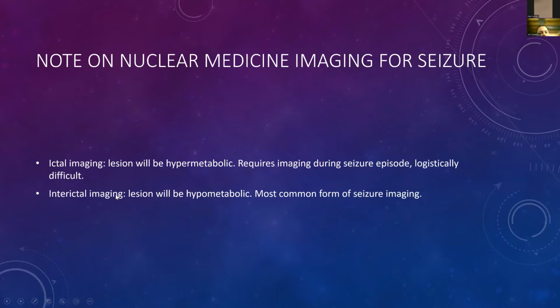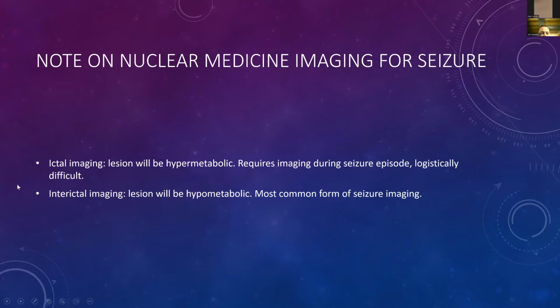That's the interictal imaging, which is much less logistically demanding compared to ictal imaging, in which you have a hypermetabolic lesion. The issue with obtaining ictal imaging is that you're required to scan the patient while they're seizing, which can be difficult to plan for, and to keep the patient in position while they're having a seizure.